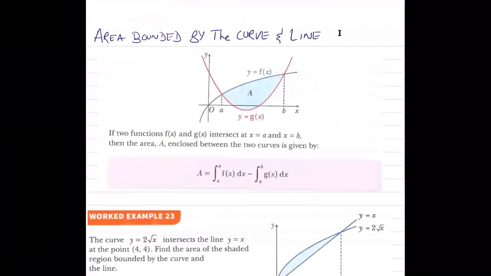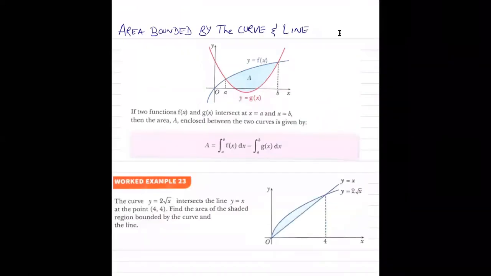Okay, the next thing that we are going to discuss is area bounded by the curve and the line, or area bounded by two curves. So if two functions are there, f of x and g of x, and they intersect, so they share common intersection points, let's say the x coordinate of this point is a and the x coordinate of this point is b.